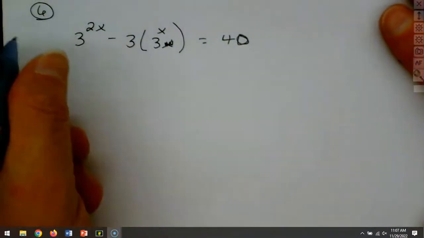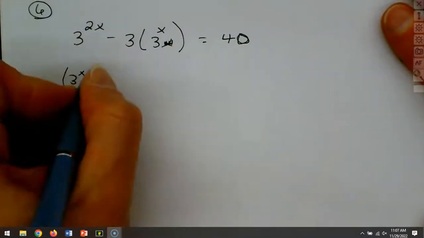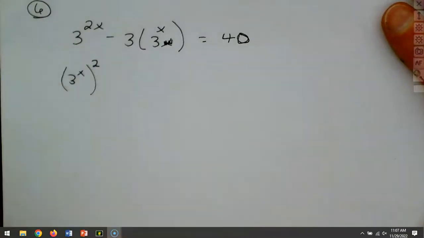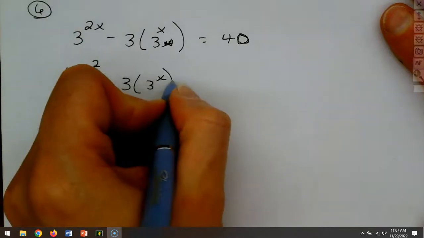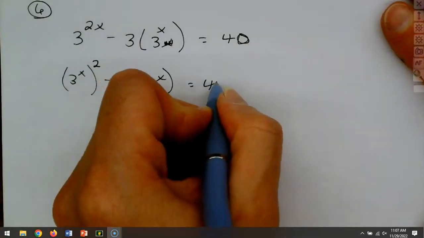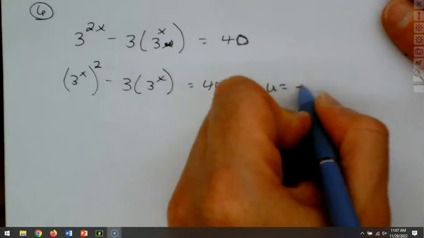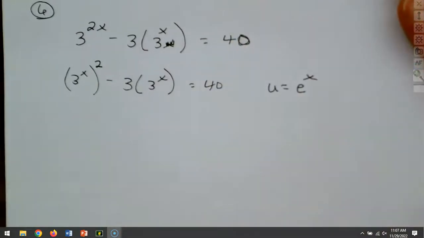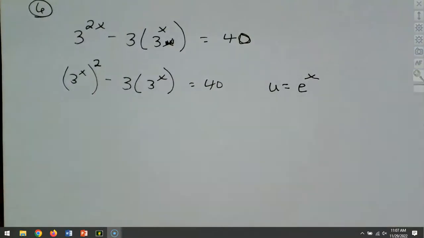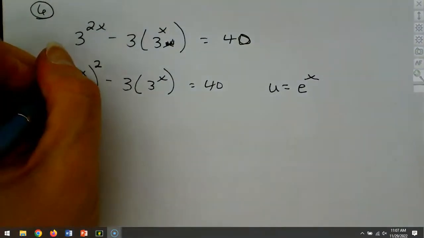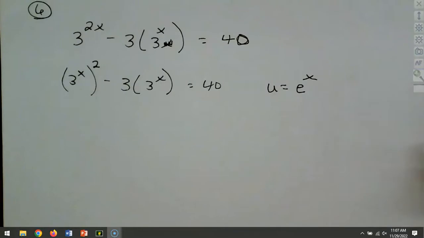So I can rewrite this as 3 to the x power quantity squared. It's the same thing. Minus 3 to the 3x power equals 40. And I'm going to let u equal e to the x. Right, this is a substitution. And this is something, if you take a calculus course, that you're going to be doing a lot of.